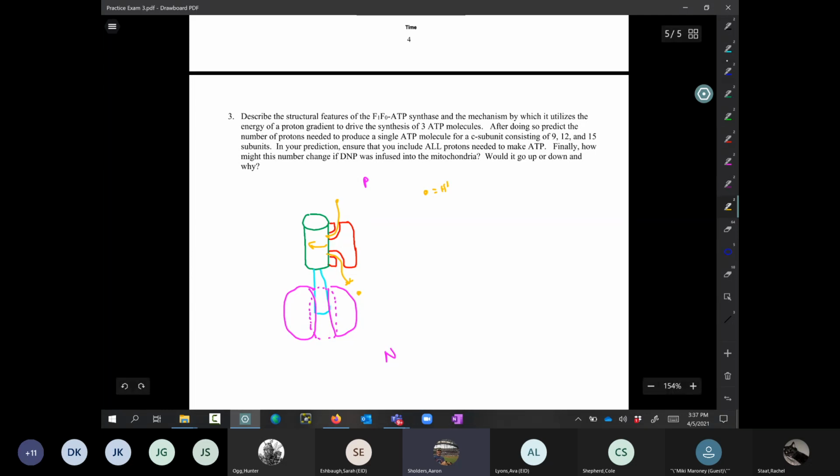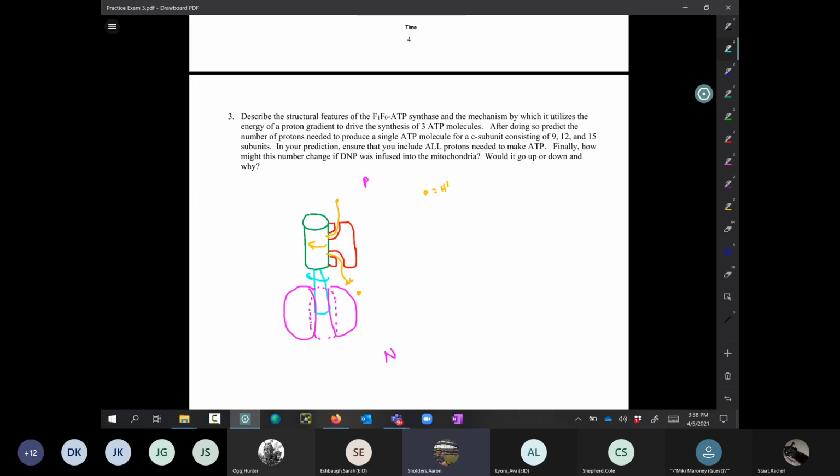That rotation of the C ring causes this gamma shaft to spin, and then the alpha and beta dimers will start to change conformation. That central stalk will force a conformational change from the T state of an alpha and beta dimer to the O state. T means ATP bound, O means open, and ATP will be knocked out.